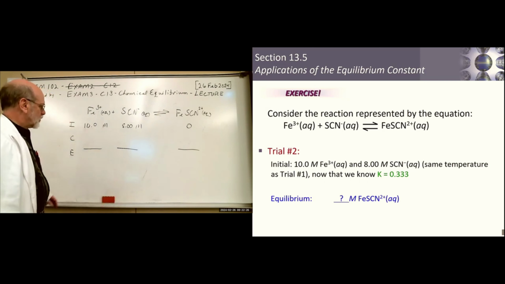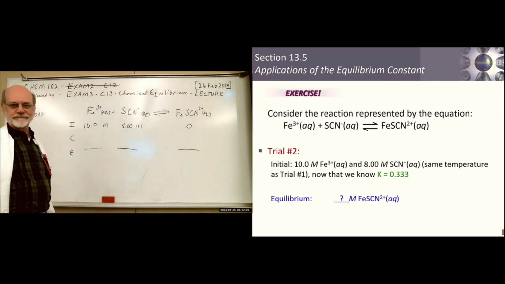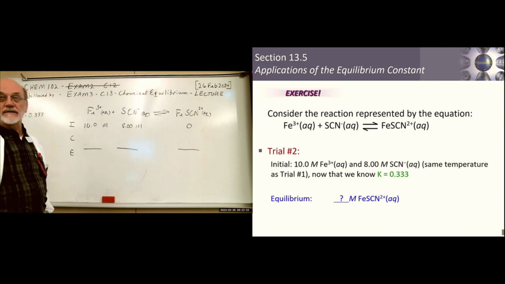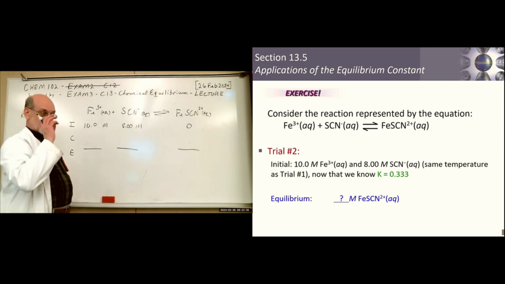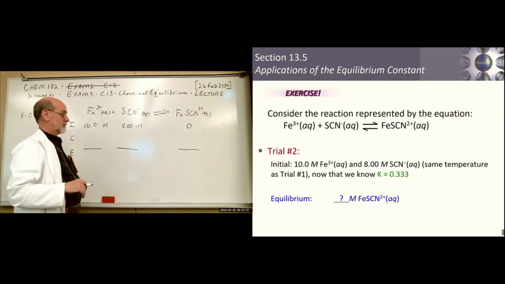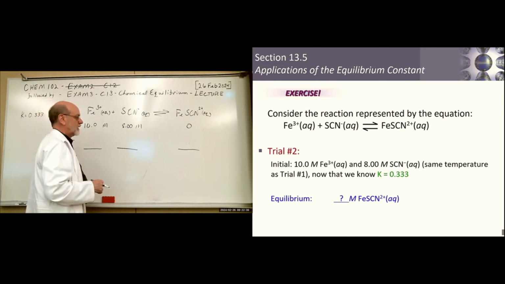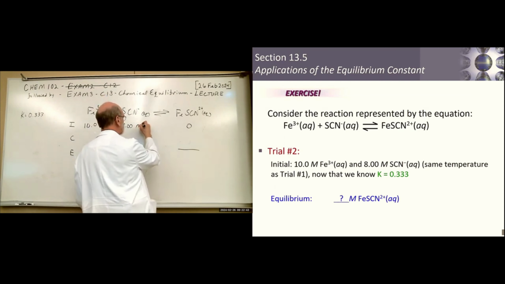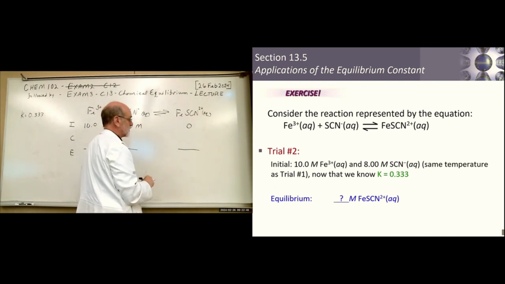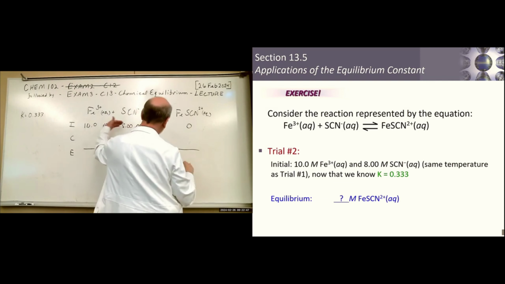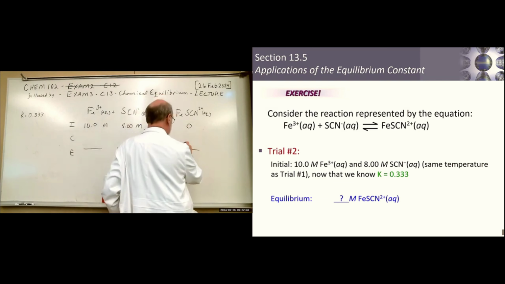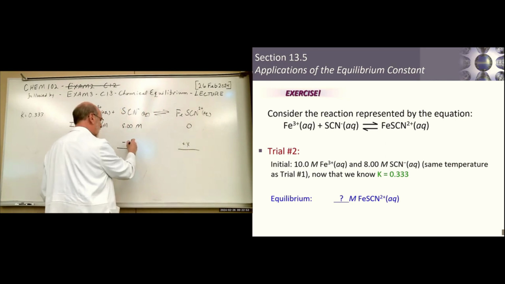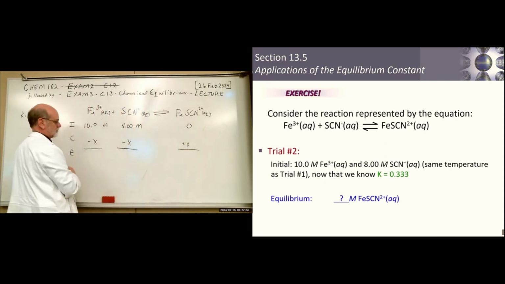Okay, so how do we get down to here? We have to use a little algebra. Create an unknown. If we're going to move from this position to an equilibrium position, we know that it's moving this direction. So it's going to add some amount over here, and it's going to subtract the same amount from this side.